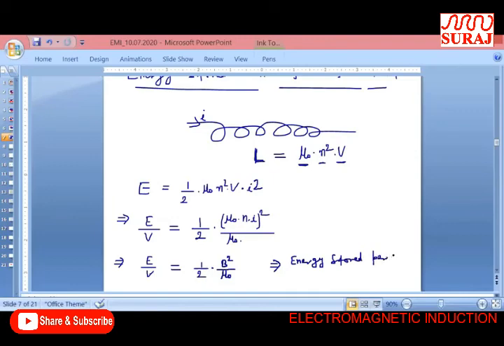This is called the energy stored per unit volume, or you can also call this the energy density.